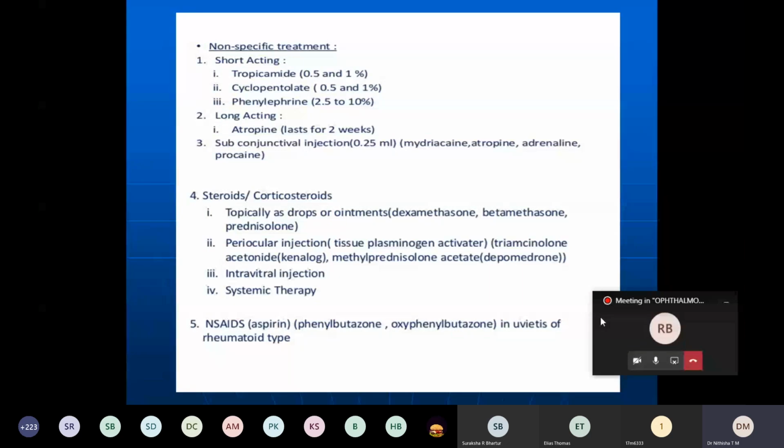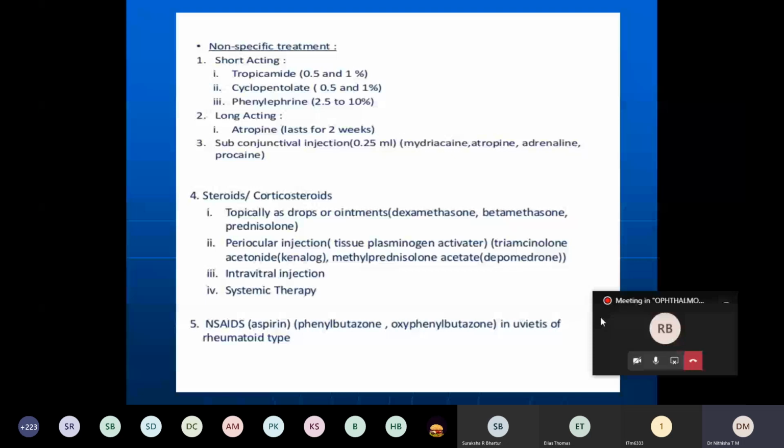What is mydricaine? It is atropine, adrenaline, procaine. 0.2 ml of atropine, adrenaline, procaine is called mydricaine injection. When we give this subconjunctival injection, you can break the synechia.